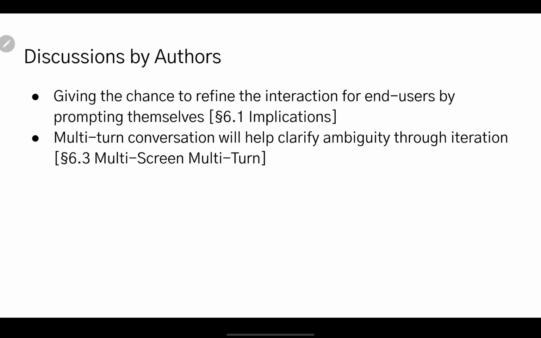And also, they said that multi-turn, because the whole task experiments in that paper were done in a single-turn conversation, a single shot, so multi-turn conversation will help clarify ambiguity through iterations.